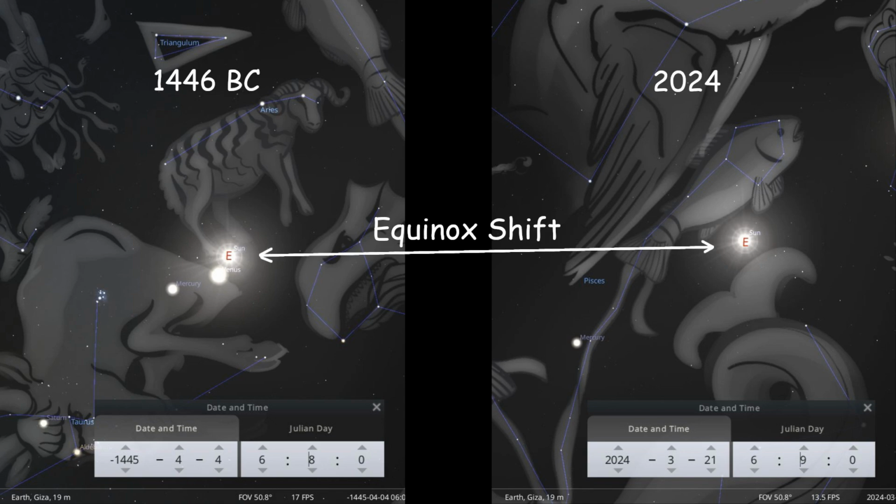During Moses' time and the great exodus from Egypt in 1446 BC, the spring equinox, or the first day of spring, happened when the sun was way over at that hind foot of Aries. And now our spring begins when the sun rises due east, way over between Pisces and Aquarius. And it's not that our season is moving, but it's the curtain of stars that's moving.